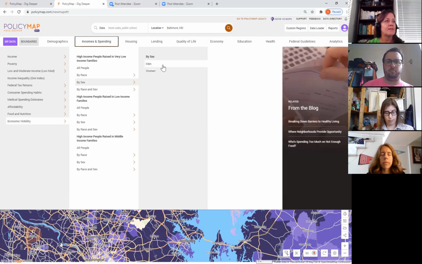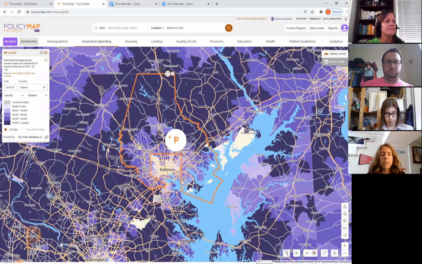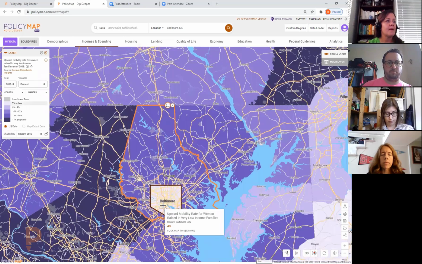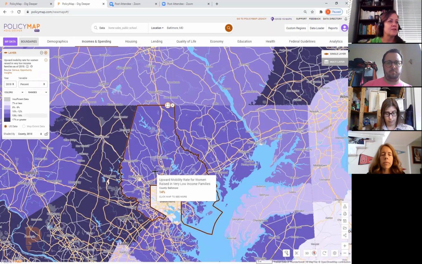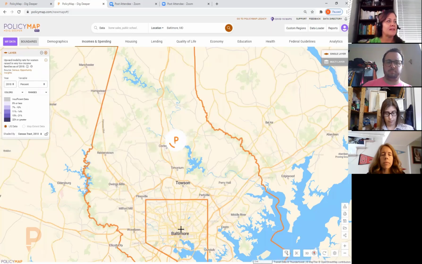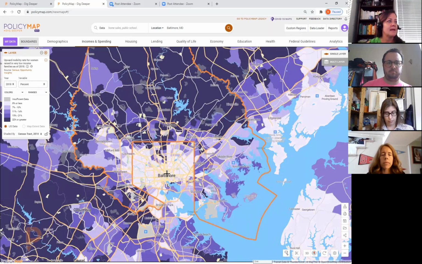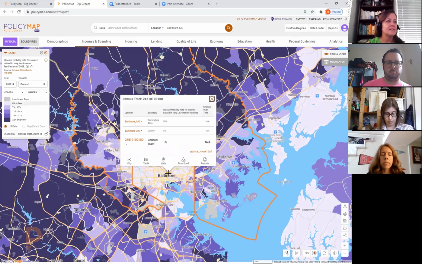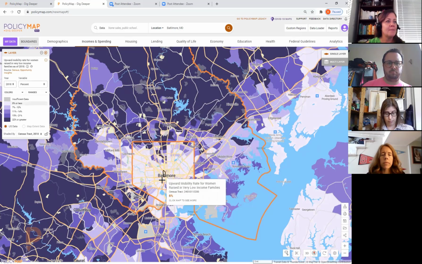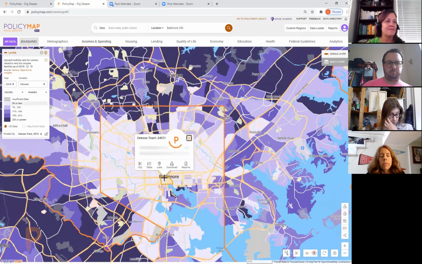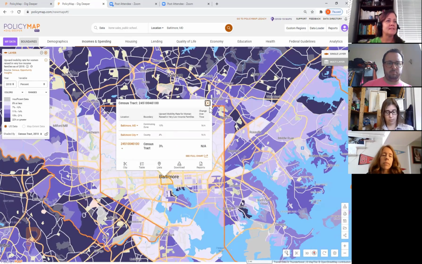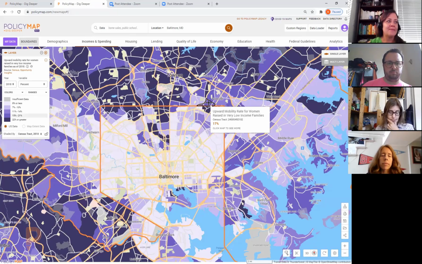So here, if we want to take a look at women, and this is data that is going to be at the county level. And if I zoom in, I can go into the census tract. And keep in mind when I'm looking at this data, sometimes I feel like PolicyMap data is depressing data, but it is.